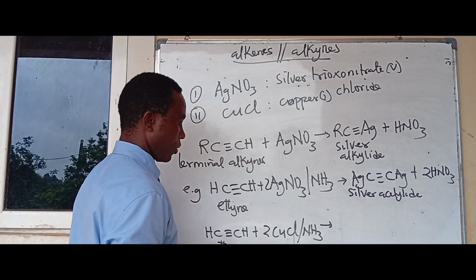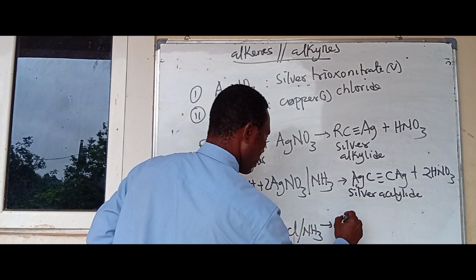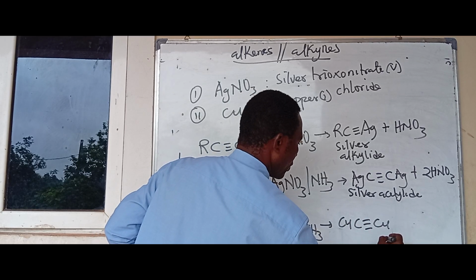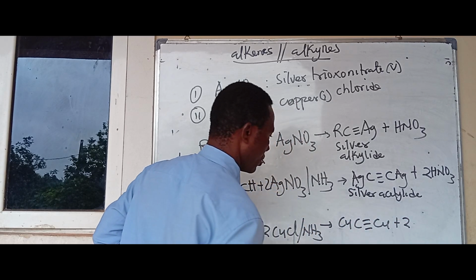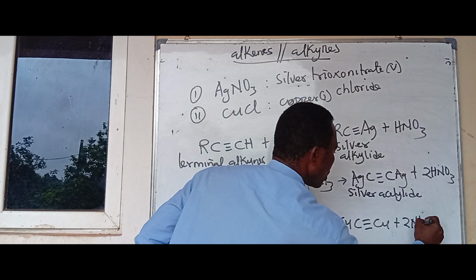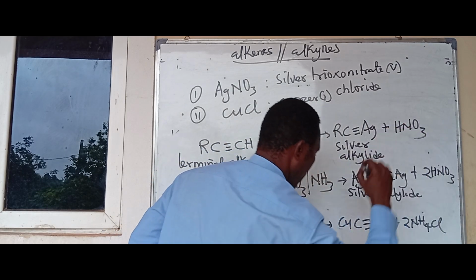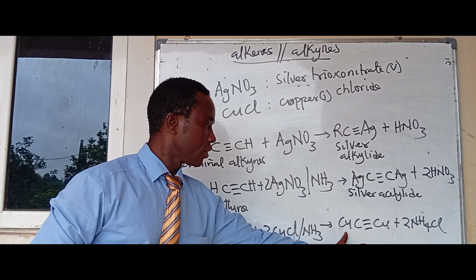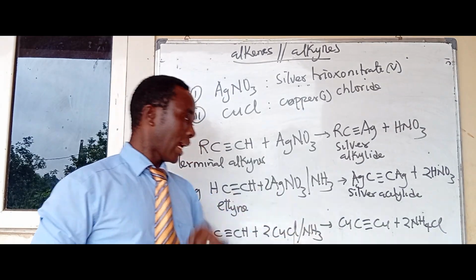What you have is CuC≡CCu plus 2NH4Cl. This in turn is also copper acetylide.